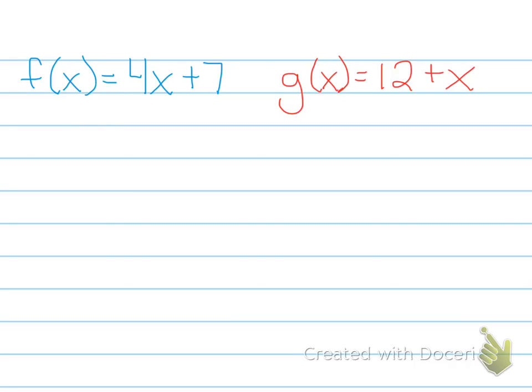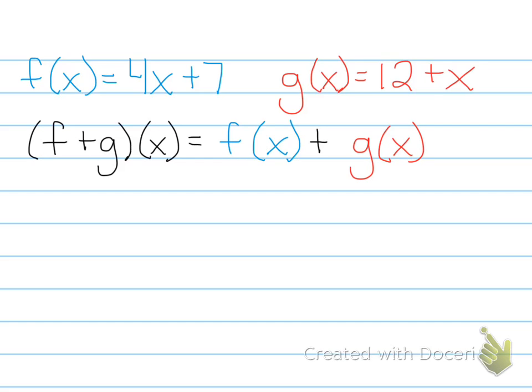Okay, so let's start with 2 functions. We have f of x equals 4x plus 7 and a g of x function that is 12 plus x. So let's say that the first question or our first operation is we wanted to add these 2 together. So really what that means is that I'm just going to take the f of x function plus the g of x function.